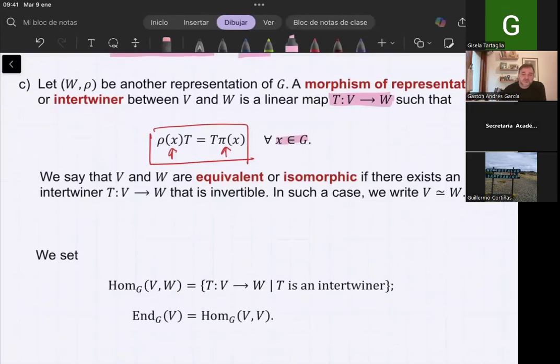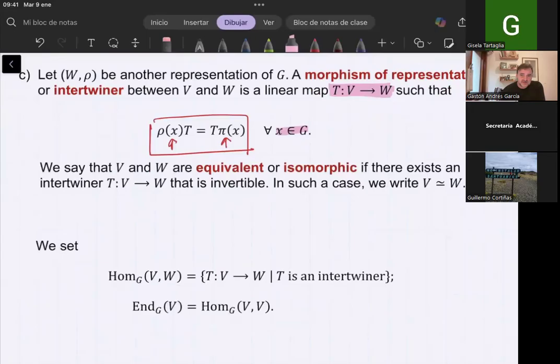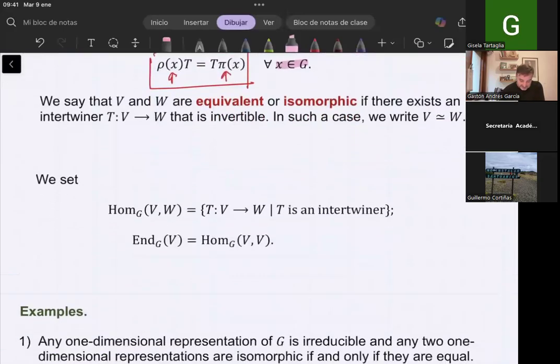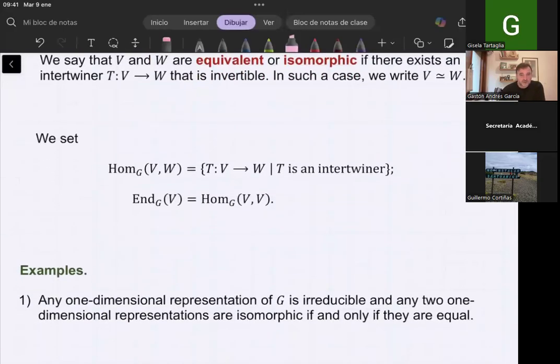Any two representations are called equivalent or isomorphic if there is an intertwiner that is invertible. One can prove that if one has an intertwiner which is invertible, then the inverse is also an intertwiner. This is an exercise. In general, we call the set of intertwiners between two representations Hom_G.